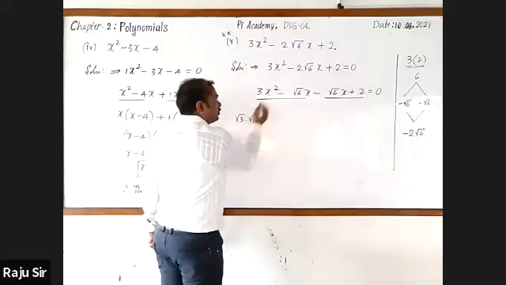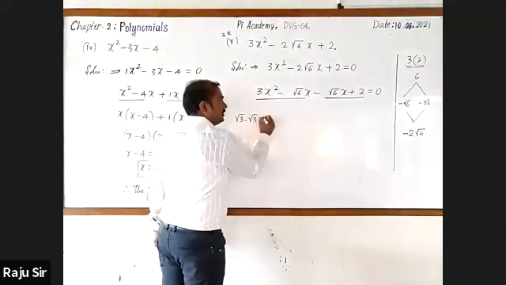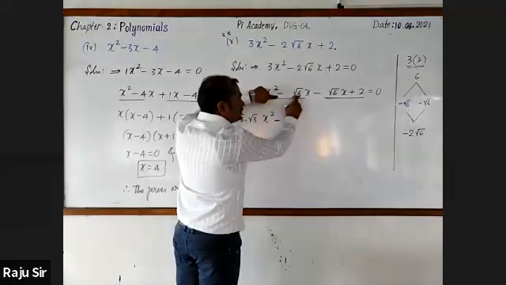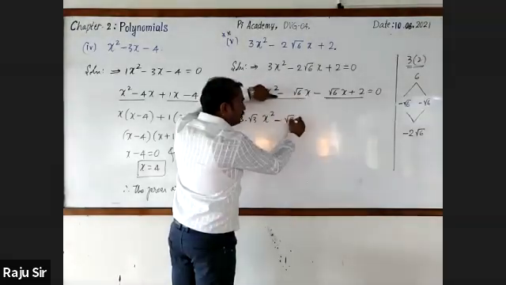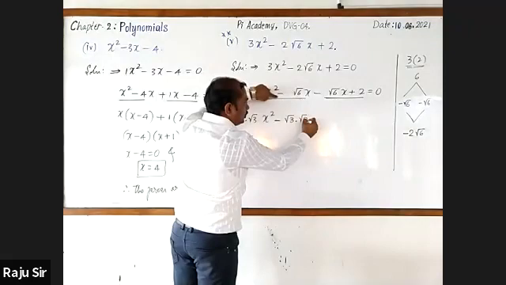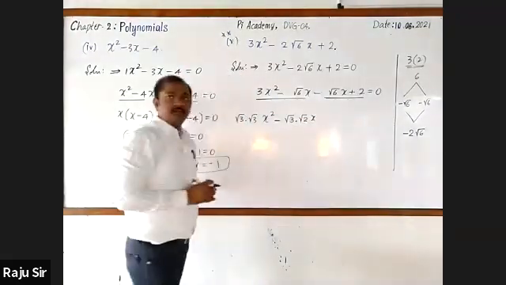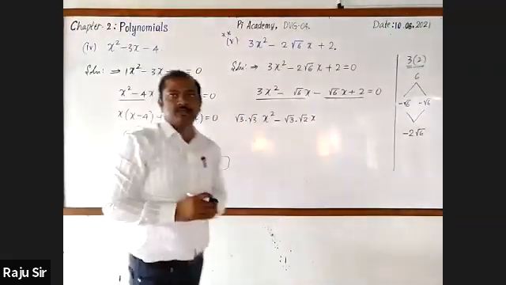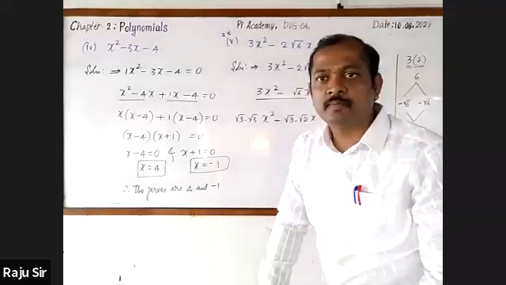Root 3 into root 3, this is 3. Okay, sir. X square minus root 6 x, I write this as root 3 into root 2 into x. Any doubt? Sir, x square should be put on both sides, sir.